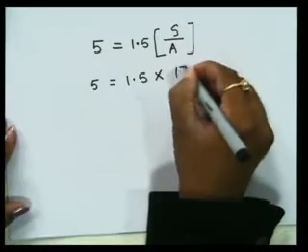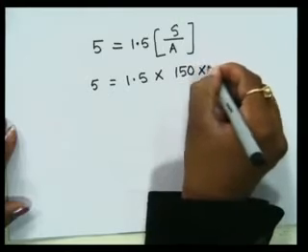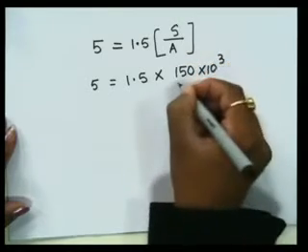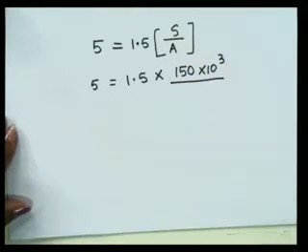So tau, they have given us 5, is equal to 1.5 into tau average, which is shear force upon area. That is equal to 1.5 into the shear force they have given, 150 kilonewton. If you remember, I told you, you have to put everything in the same units.